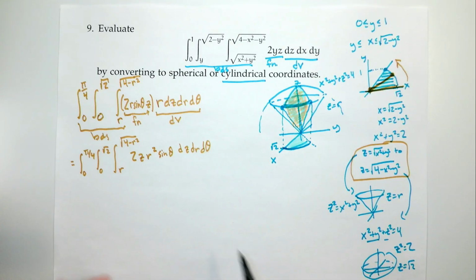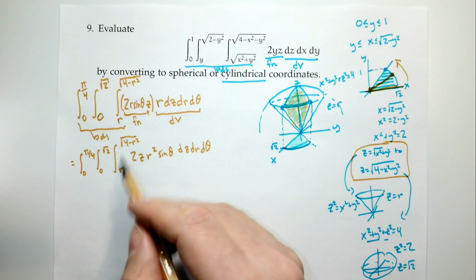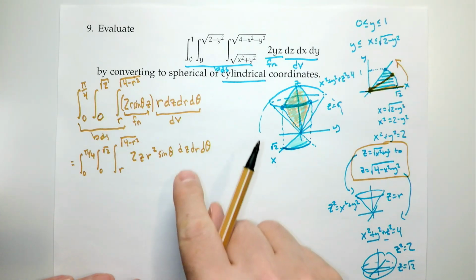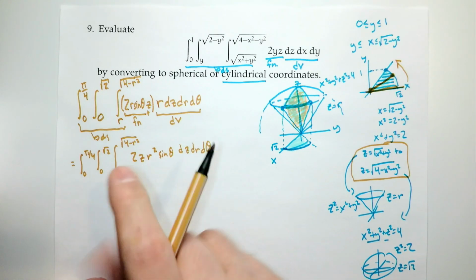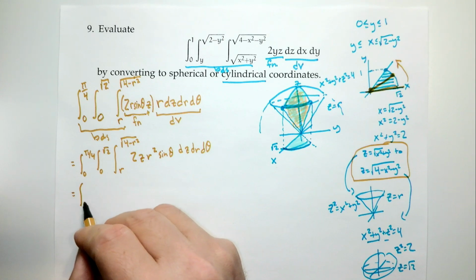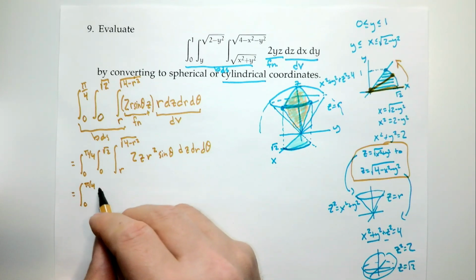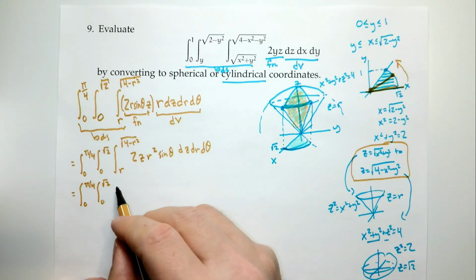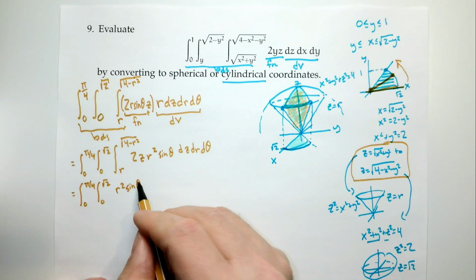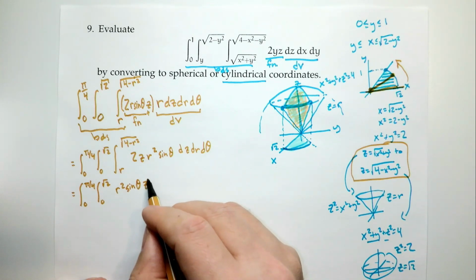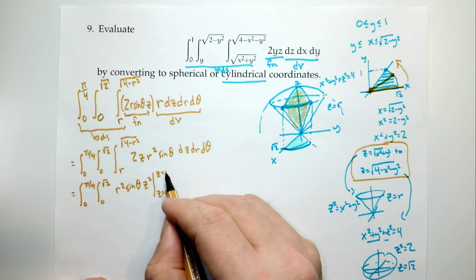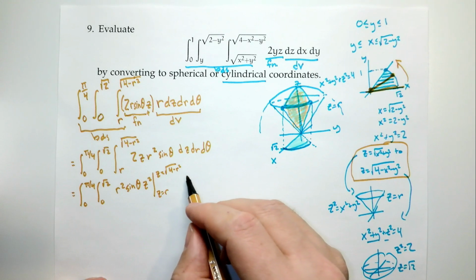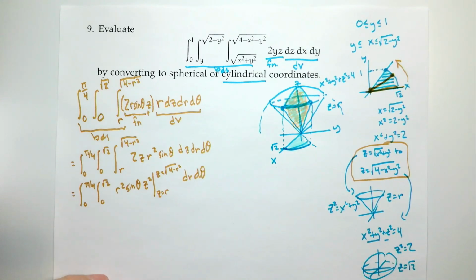Now, we can't break into 3 parts, not yet, because we do have variables in our bounds. So let's integrate with respect to z. The r squared sine theta is a constant. Integral of 2z with respect to z will give us z squared. So we have r squared sine theta, and then z squared, evaluated from z equals r to z equals square root of 4 minus r squared, dr d theta.